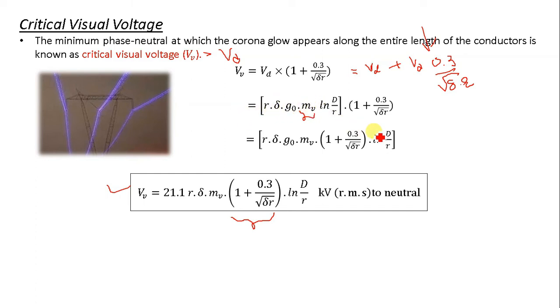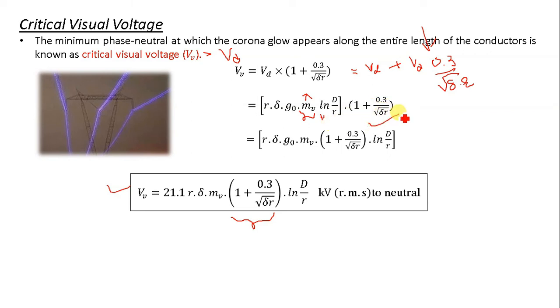When corona happens along the entire length of the conductor, the value of mv is higher, but when corona is limited to some part of the conductor only, mv is lesser. This is the only change between VD and VV, in the values of m0 and mv. All other things will be the same, and obviously this factor.